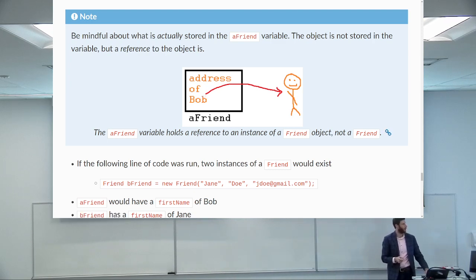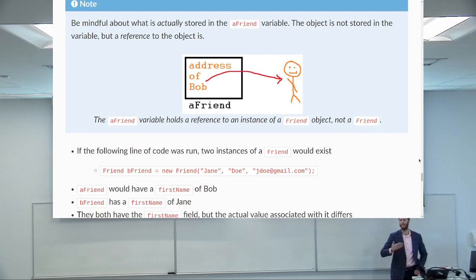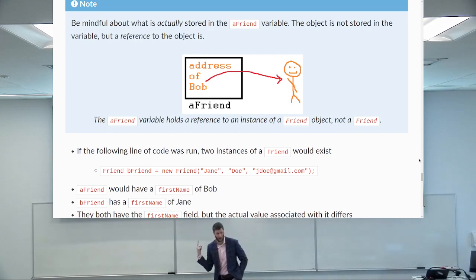We've got our variable aFriend, and we've got our friend, who's that little waving orange person. And what's actually stored in that variable is a reference to that. The friend is not in that box. It's somewhere else in your computer. What we've stored is a reference to it. The reason I'm bringing this up is because this is how it works, and this is a very important concept to wrap your head around.